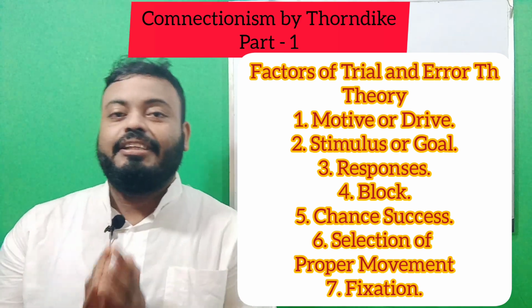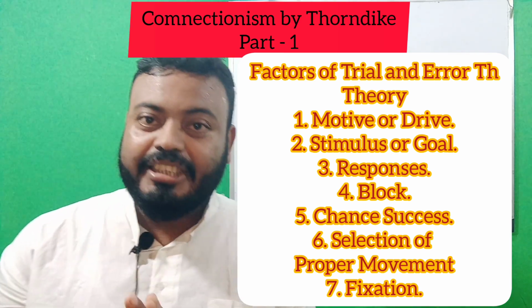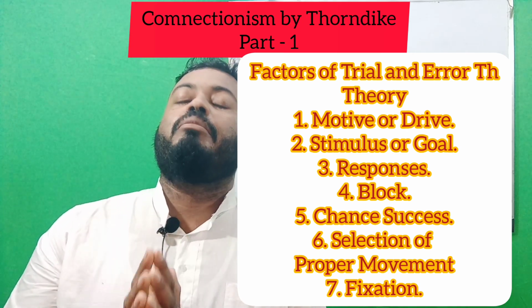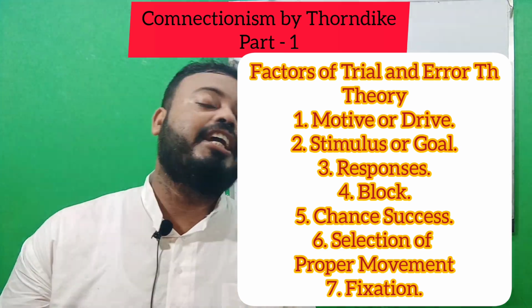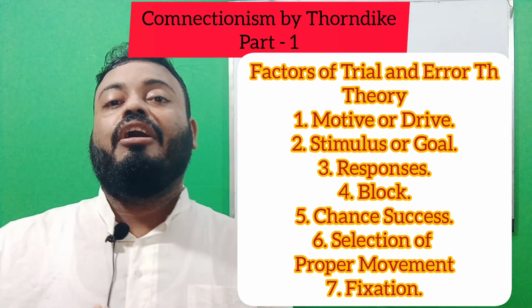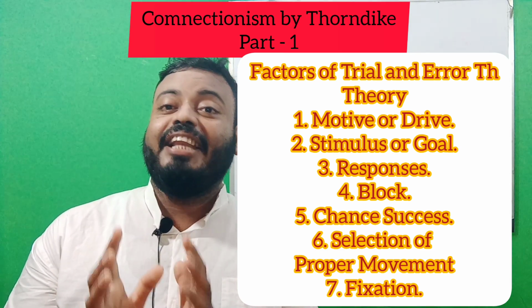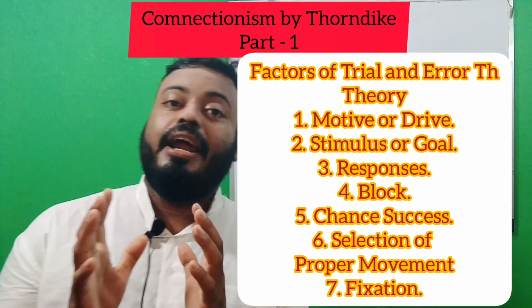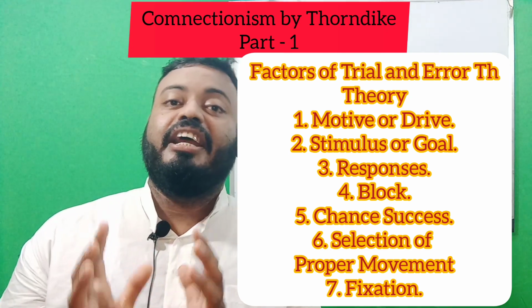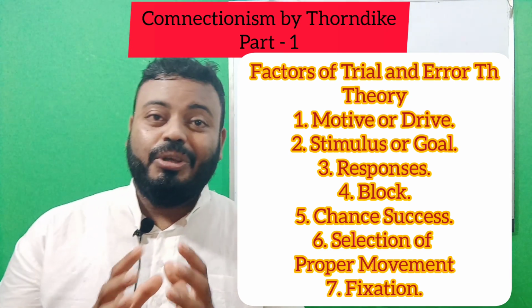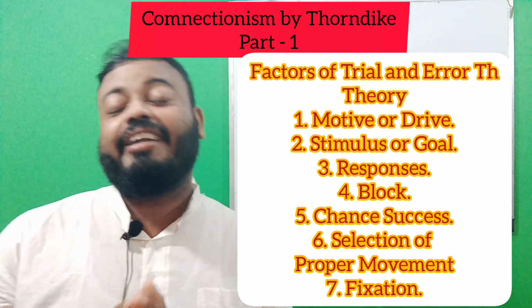At last comes the selection of the proper movement. The cat selected the proper way, pulling the string, out of its random movements. So those are the factors of the trial and error method.